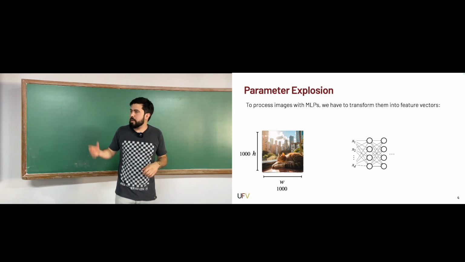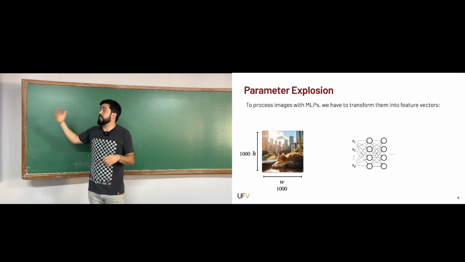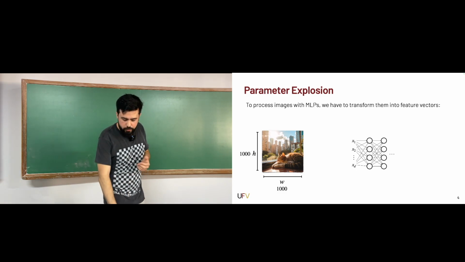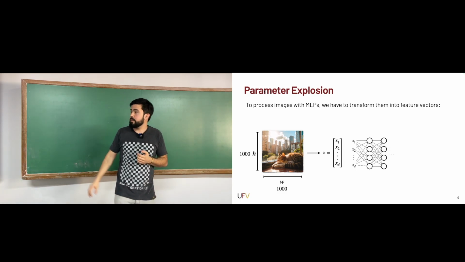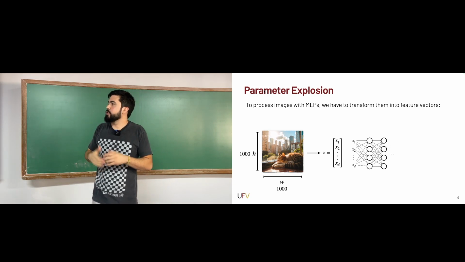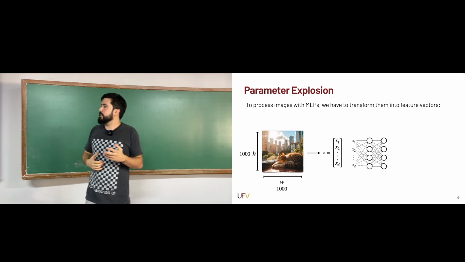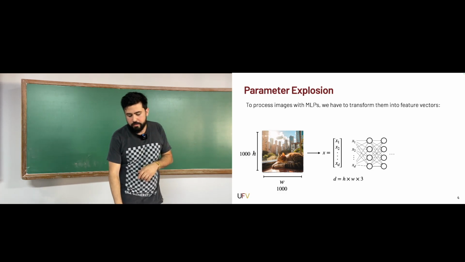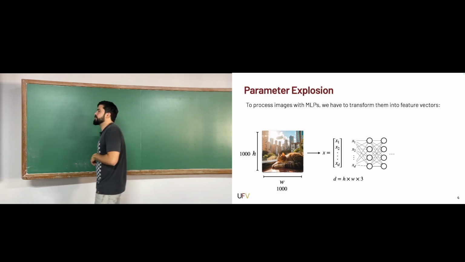But if you want to process that image with a multi-layer perceptron, what you have to do is stretch that image into a single vector, right? Which in this case would have how many dimensions? This is a very easy computation to do.